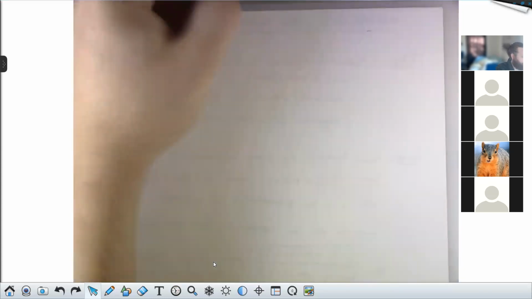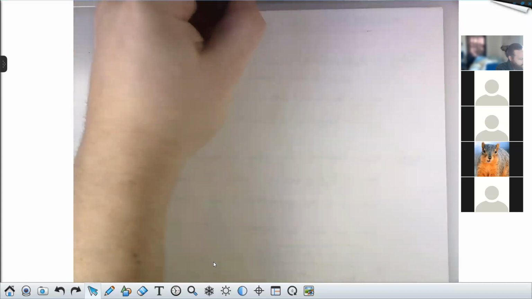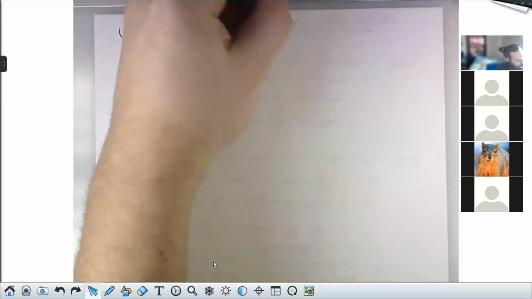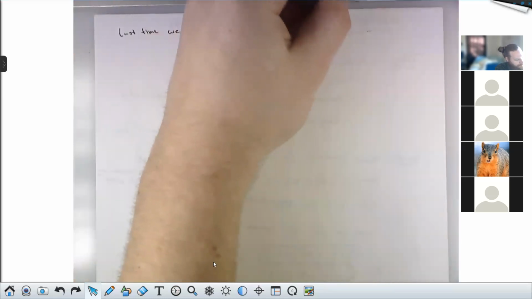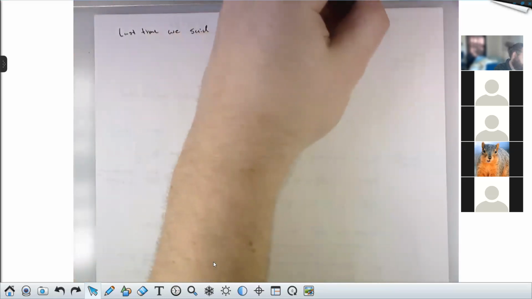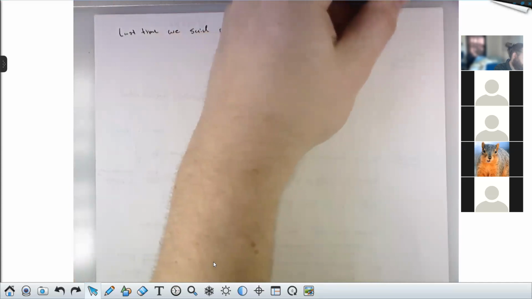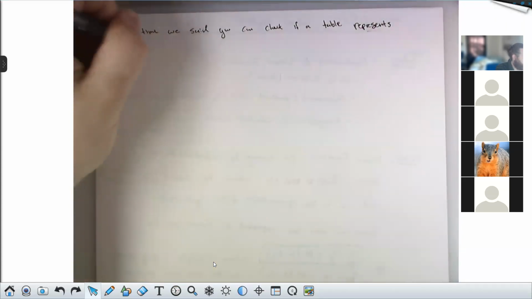Another thing we talked about last time: we said that you can check if a table represents not just a function, but a linear function.